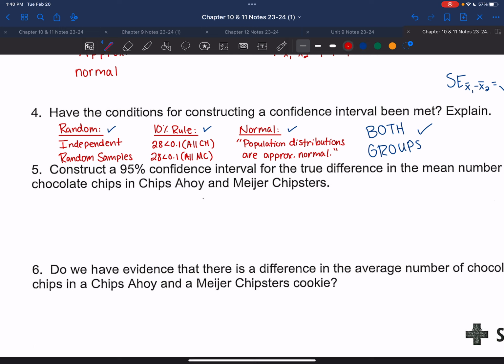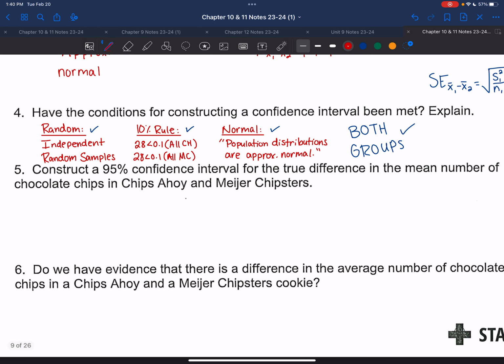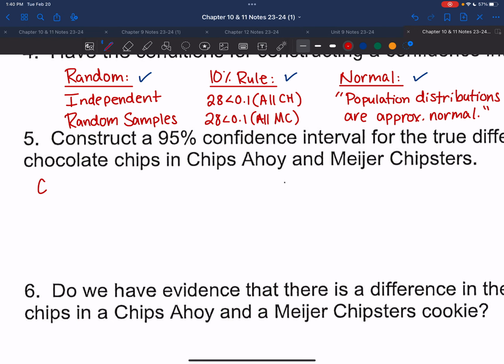Okay. Number 5 says construct a 95% confidence interval for the true difference in the mean number of chocolate chips in Chips Ahoy and Major Chipsters. So remember, confidence interval is just equal to your point estimate plus or minus your margin of error.